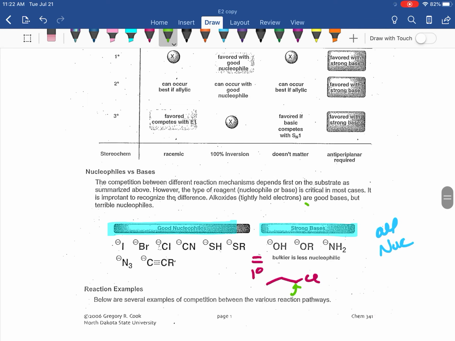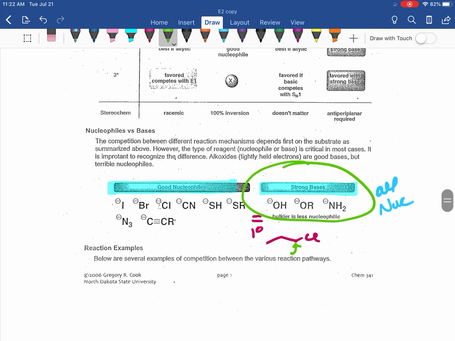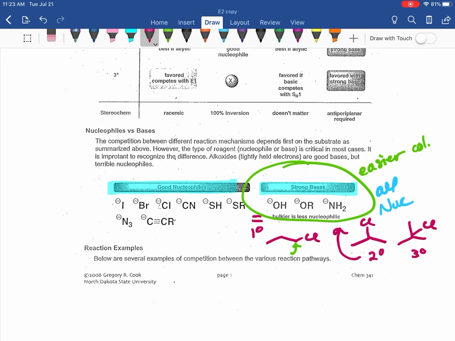Now this is where it's a little bit crazy, because not all of them do. Hang on. This is why we have a second table here. So these are going to choose the easier collision. So if we have a secondary or a tertiary, then these compounds will act as a base.